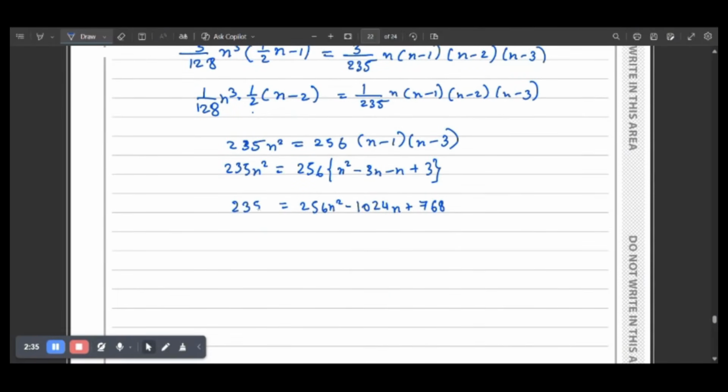We know there is an n square term here. We can move it to the right. So this will then equal 21 n square minus 1024 n and 768.